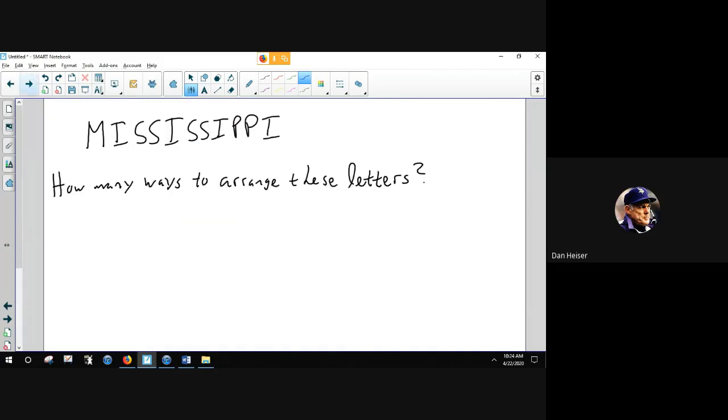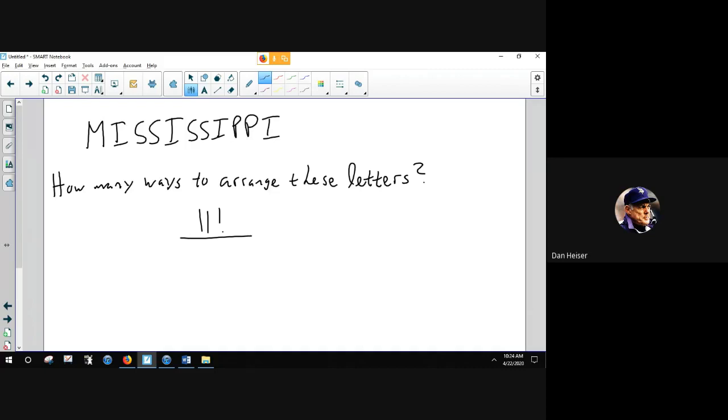Here's another example, a little more complicated. You look at the letters in the state name Mississippi, and you think, wow, 2, 4, 6, 8, 10, 11 factorial. 11 factorial is huge. Yeah, but we have a lot of repeats.